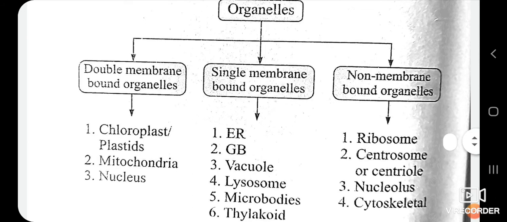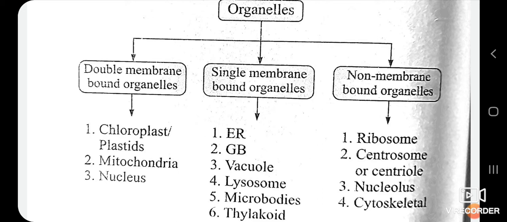Then there are some cell organelles which do not have any membrane, and those cell organelles are ribosomes, centrosome, which we call centriole, nucleolus and the cytoskeletal structure.